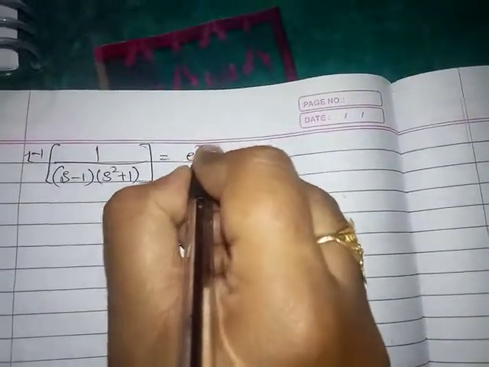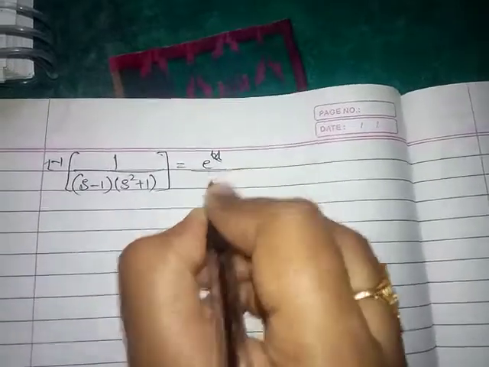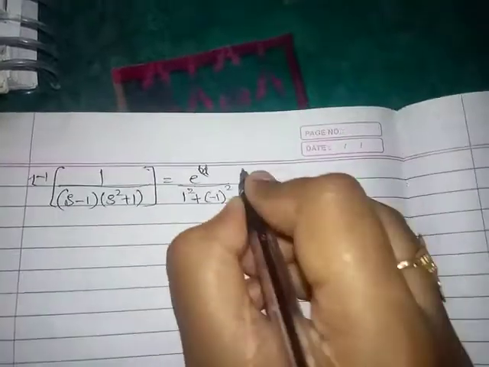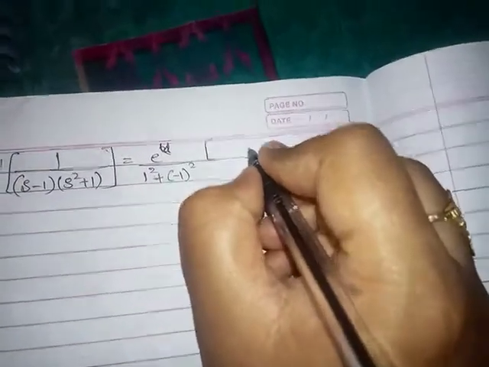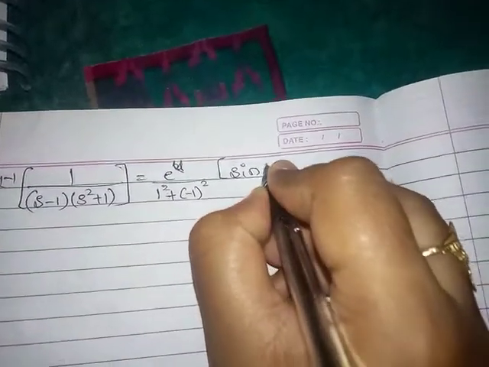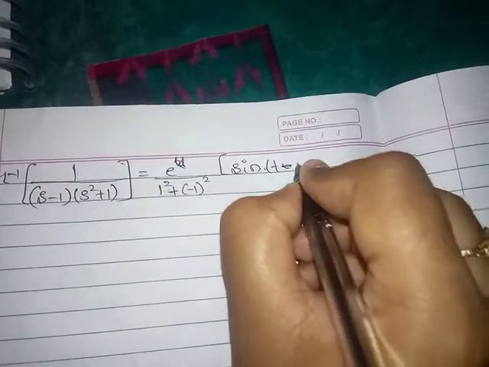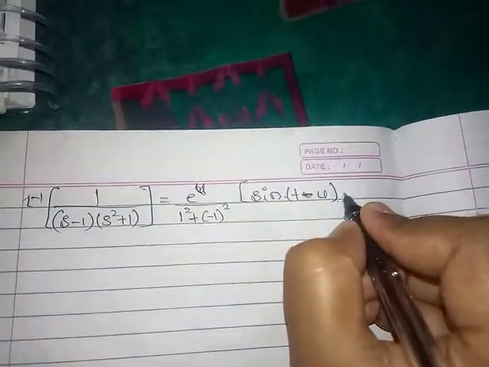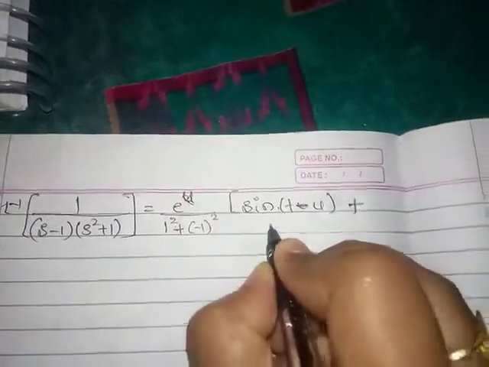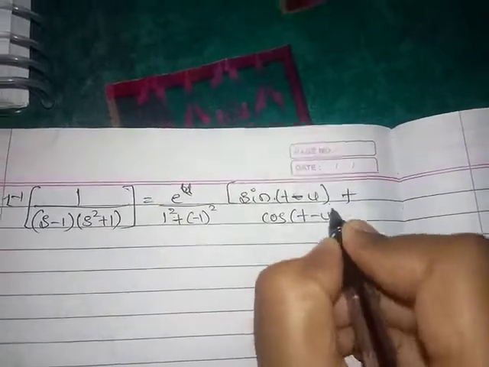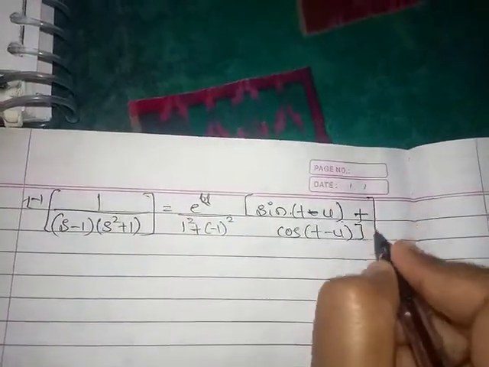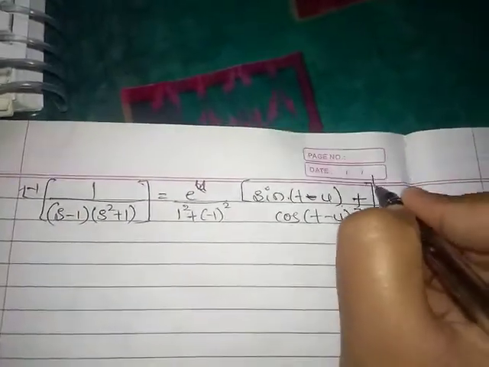That is e raised to u divided by 1 square plus minus 1 whole square, and this one is sin of t minus u, plus I will write the next term here, cos of t minus u, with limits from 0 to t.